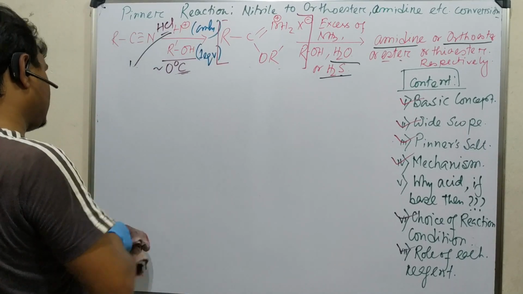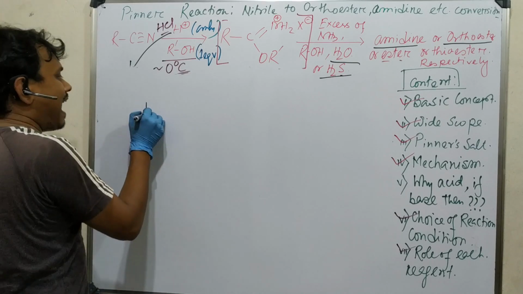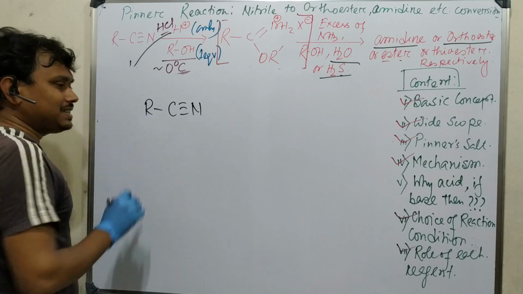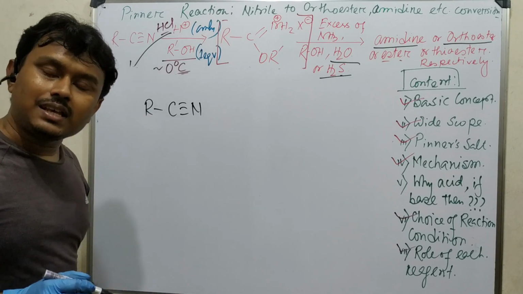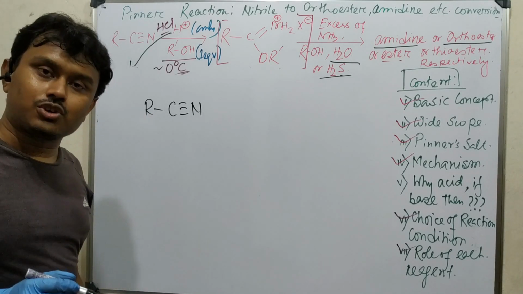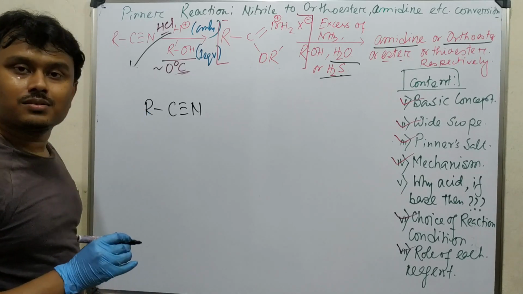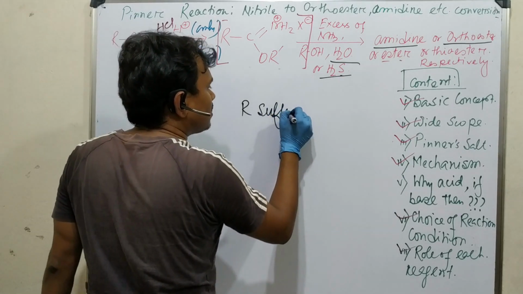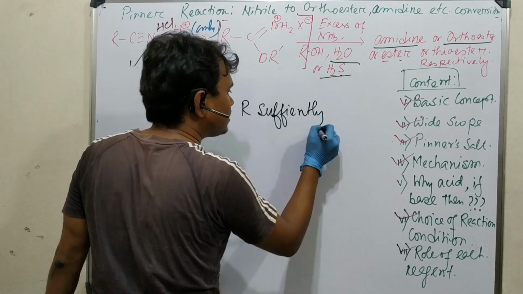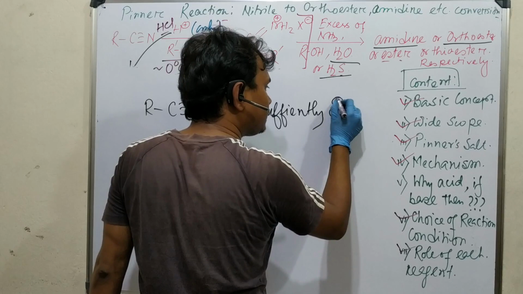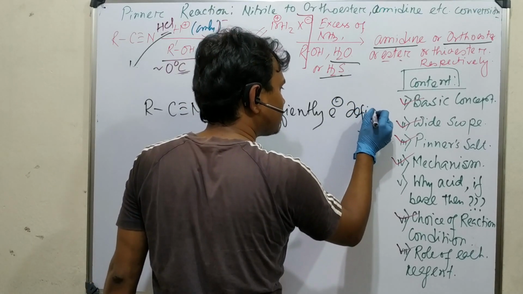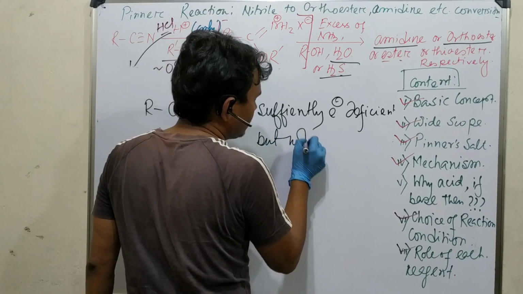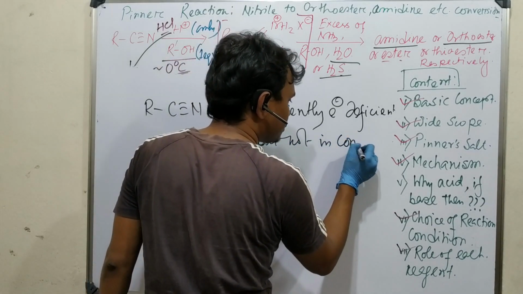So you can think that RCN, our point of interest, works if R is sufficiently electron withdrawing, sufficiently electron deficient, but not in conjugation.